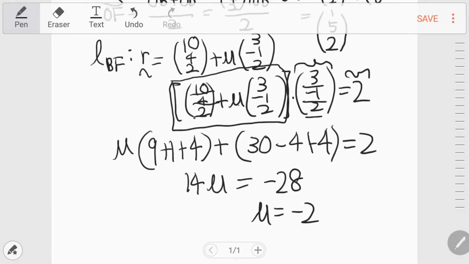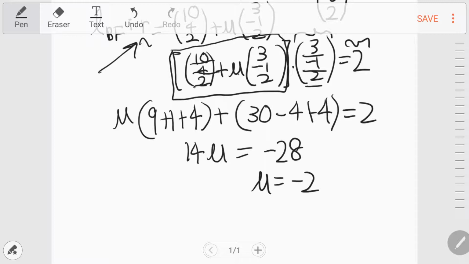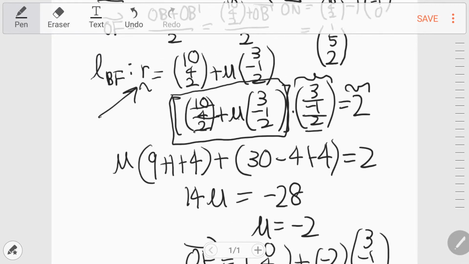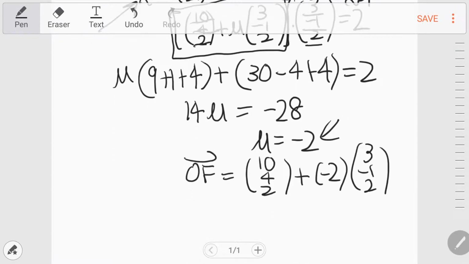Knowing that my mu equals minus 2, if I substitute into the equation over here, I will get my position vector OF. So OF equals 10, 4, 2 plus minus 2 times 3, minus 1, 2. I'm just substituting the mu that I found inside this equation. That's what I get, and that is my position vector OF.